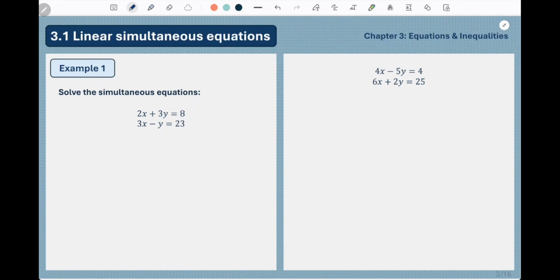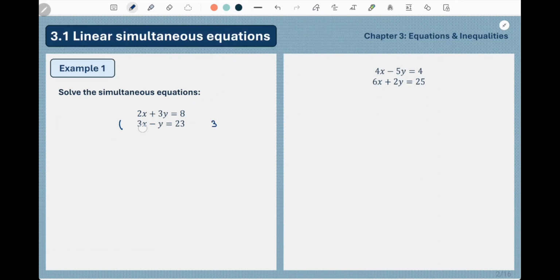I'm looking at which one is easy to eliminate, and y is easy to multiply by something. So I'm going to aim at eliminating y by doing 3y minus 3y. I already have 3y here, but in the second equation I only have minus y, so I'm going to multiply the second equation by 3.